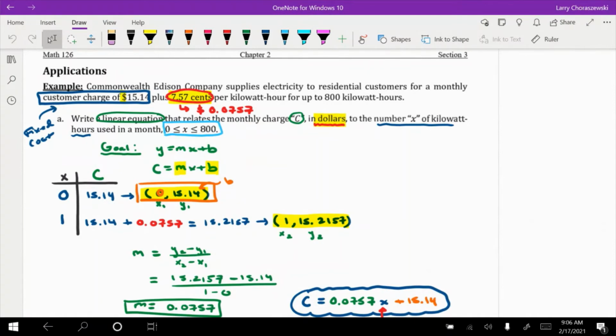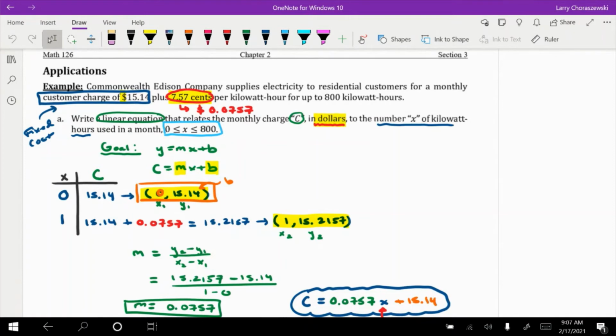For this example, our goal was to write a linear equation which generates costs for certain usage of electricity. We went through a table method in part A to construct our equation, in part B we utilized it to predict a monthly charge, and then in part C we broke down what the slope meant, in plain old English.